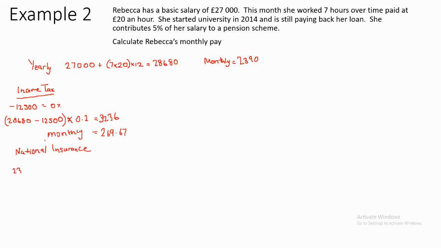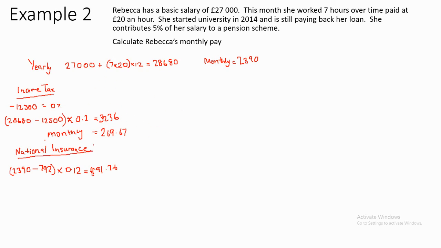And 792 to 2390, 12%. That's 191.76. National insurance.